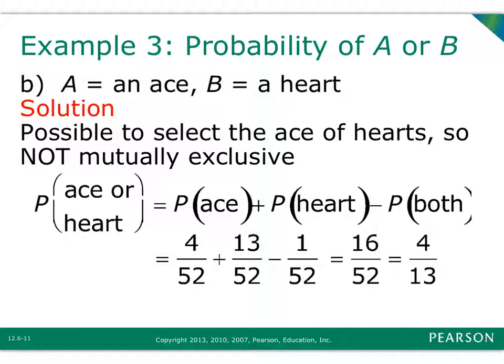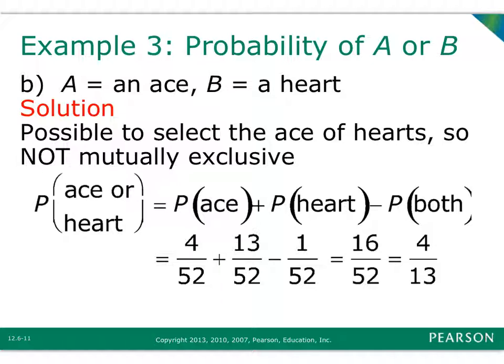Now suppose we select a card, and the card can be either an ace or a heart. Now, there is a possible intersection because the ace could be the ace of hearts. So we don't have mutually exclusive events.